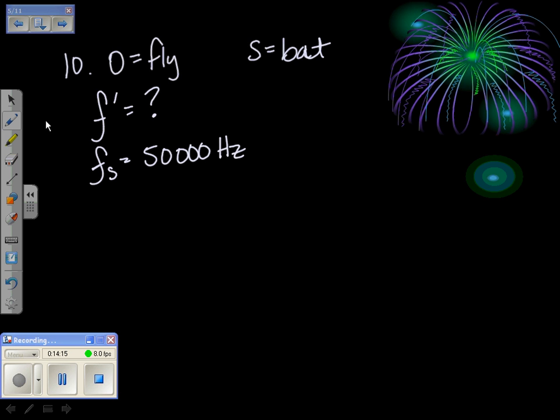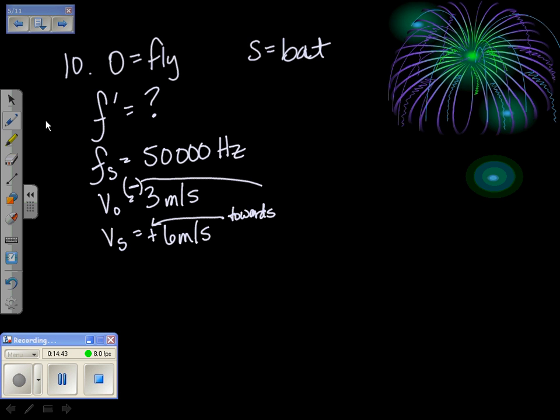I know that the fly has a speed of 3 meters per second, and he's moving away from the bat, so I have to make it a negative number. Then I know the velocity of the source, the bat, is 6 meters per second, and it's positive because he's moving towards the fly. So that's because it's towards, and this is because it is away.